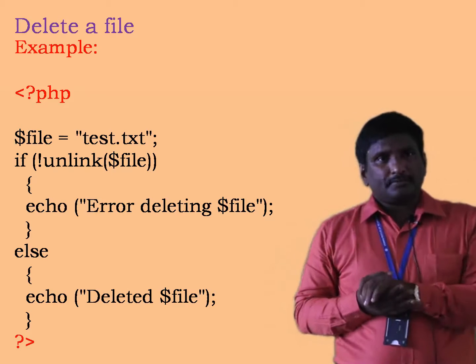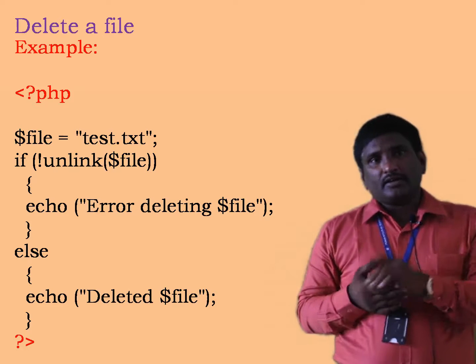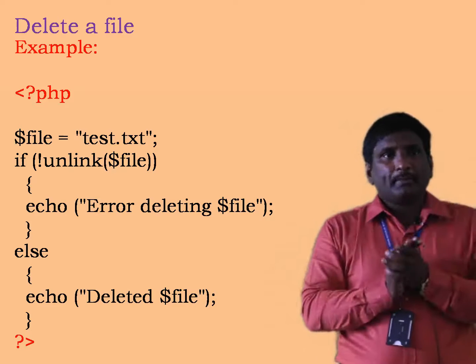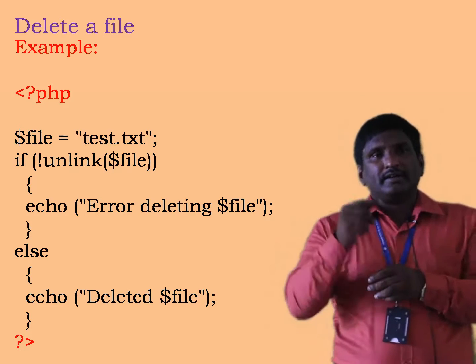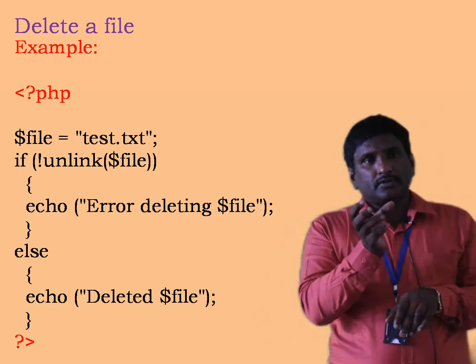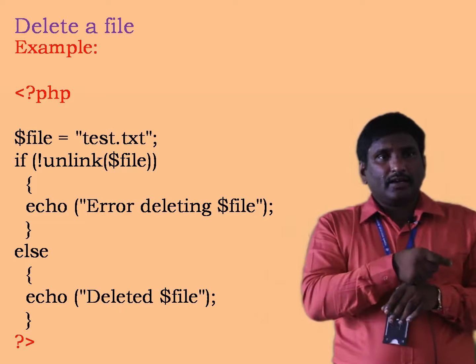Just a file test.txt, then if unlink($file). We assign the file to the file variable and pass that variable to unlink, so that the test.txt file will be deleted. If unlink returns true, the file is deleted.